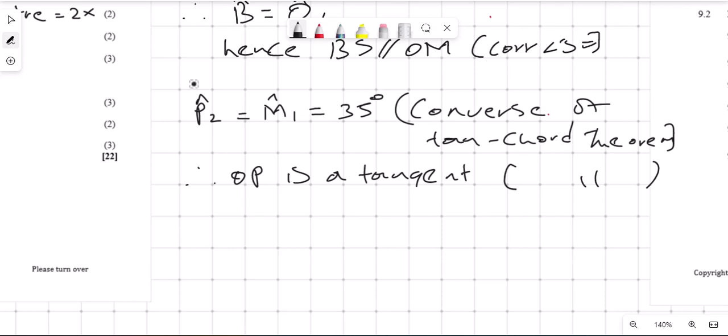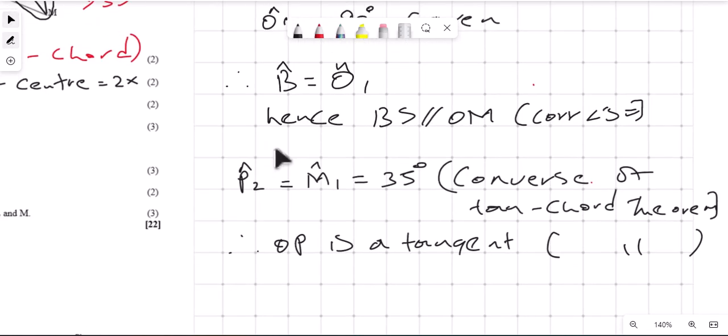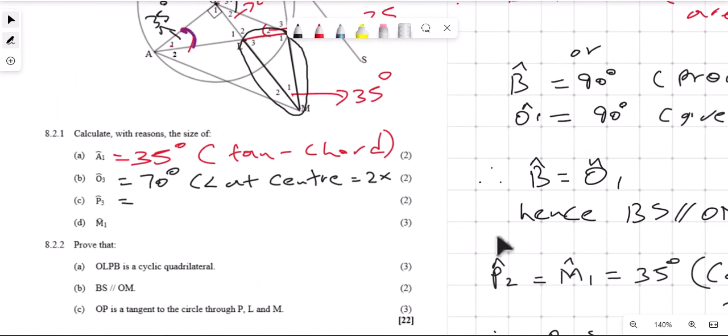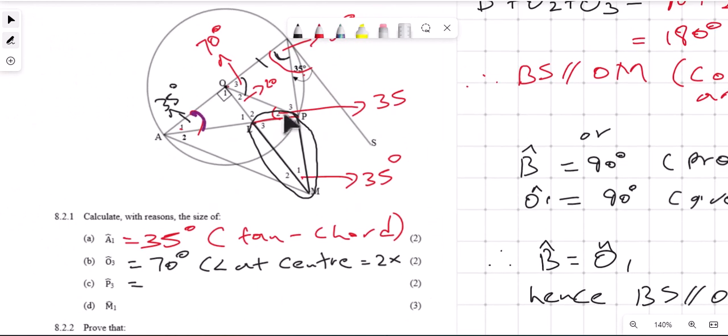On top of it, it's supposed to say proven, because we proved that M1 is equal to 35, and we also proved that P2 is 35. So it's proven that they are equal.